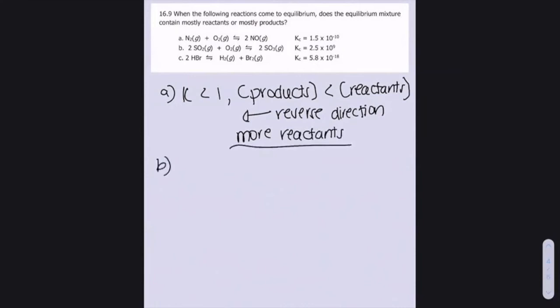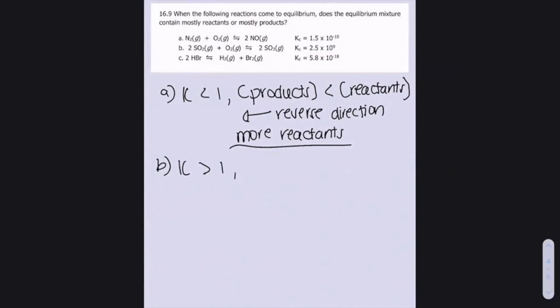Let's look at B. Let's check if it's balanced. 2 sulfurs on each side and 6 oxygens on each side. So the value of K is 2.5 times 10 to the 9th. So K is greater than 1 for this reaction.